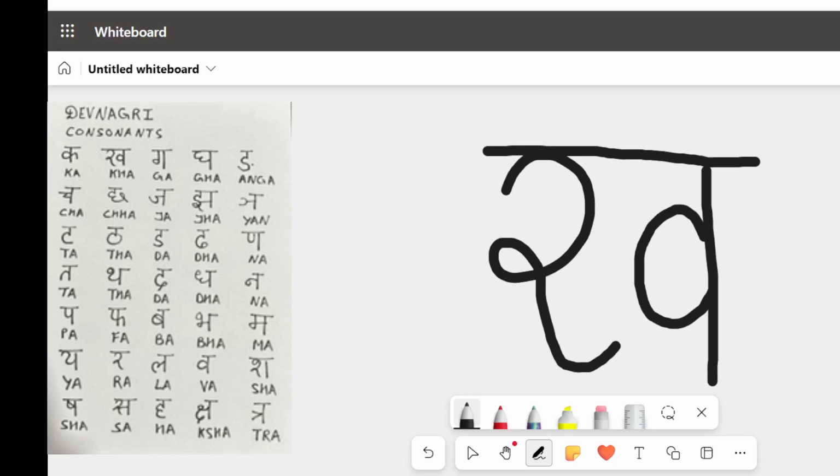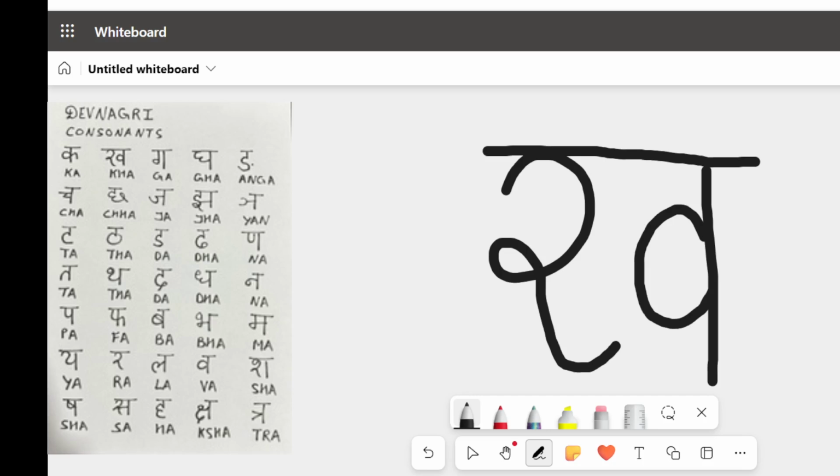Kh. This letter is an aspirated letter. By aspiration, I mean if you place your palm in front of your mouth when you say this letter, a puff or a burst of air is thrown on the palm. So you feel the puff of air on the palm.